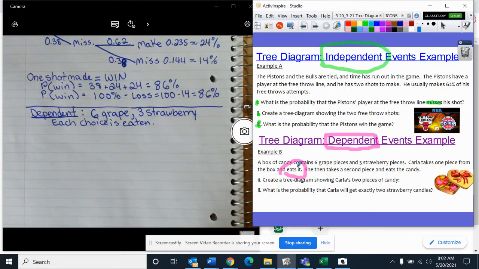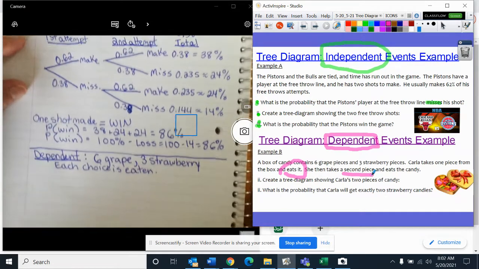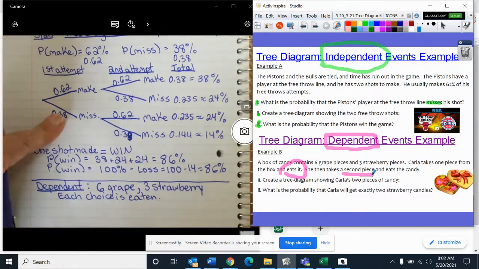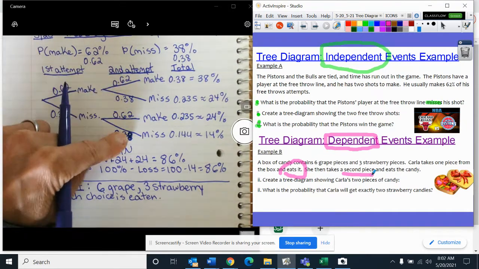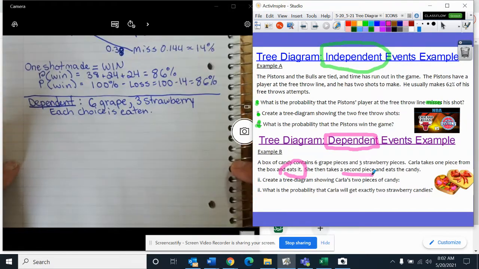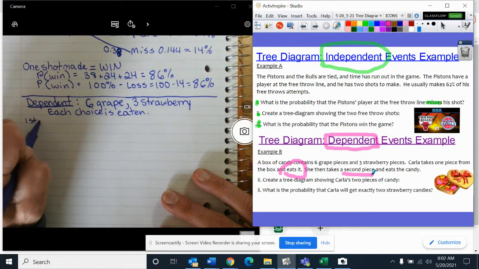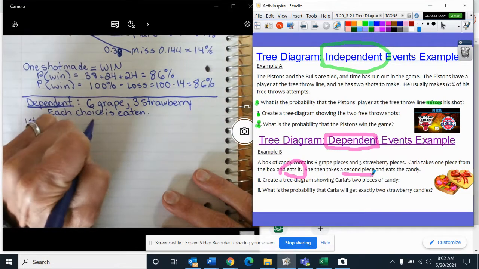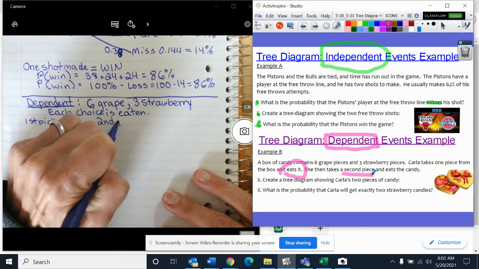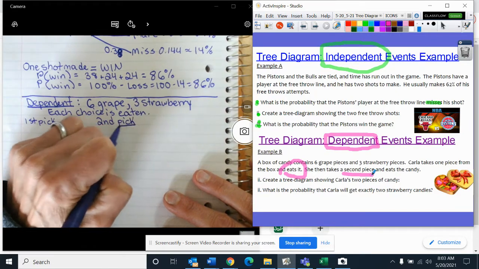And notice that she is choosing 2 pieces of candy. So similar to what happened up here, there was a first free throw and a second free throw. Down here, we will have a first pick and a second pick of Carla's candy.